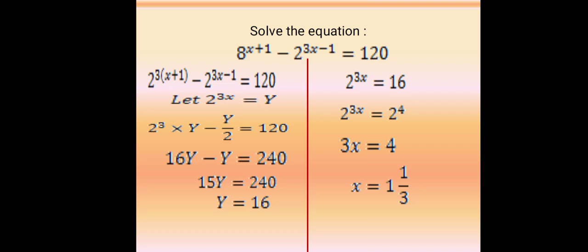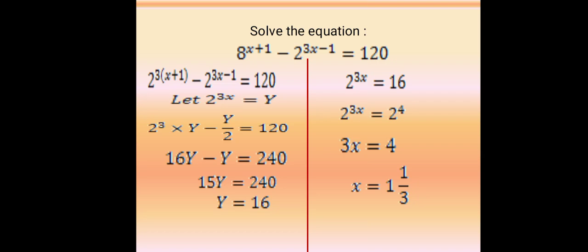We simplify, we have 16y minus y is equal to 240. This is because we had y over 2, so we multiply 2 across the equation, so that when you have 2 cubed multiplied by 2, that is 16y, and then you have y over 2 is equal to 124.